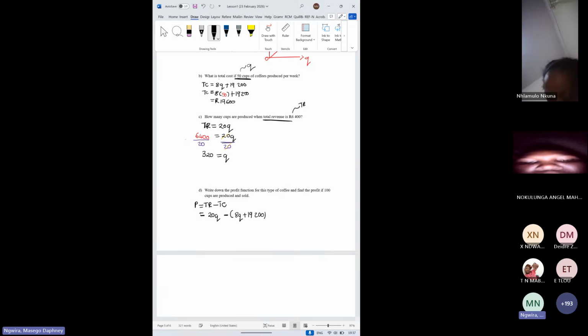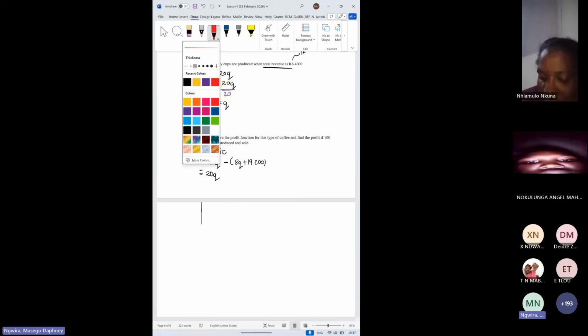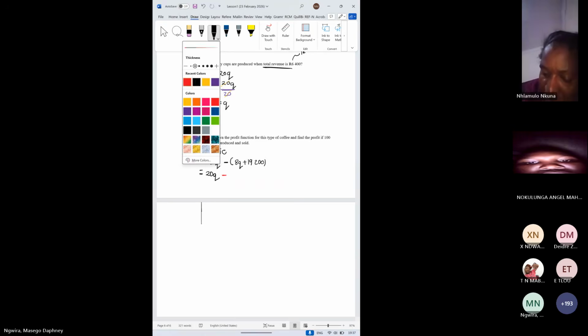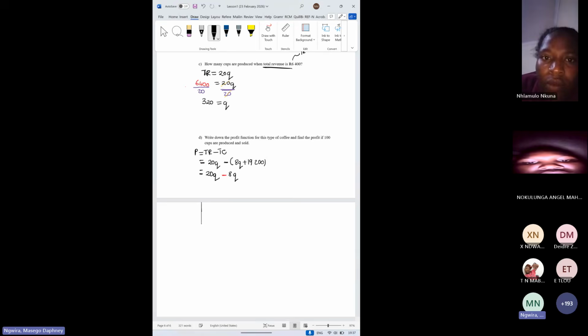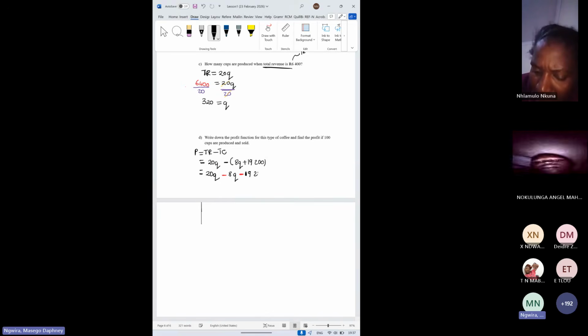And if you can remember, I said that the negative is going to affect everything inside the bracket. So this will change and become minus 8Q. We distribute the negative. And then this plus will also be affected by this negative, and this will be minus 19,200.